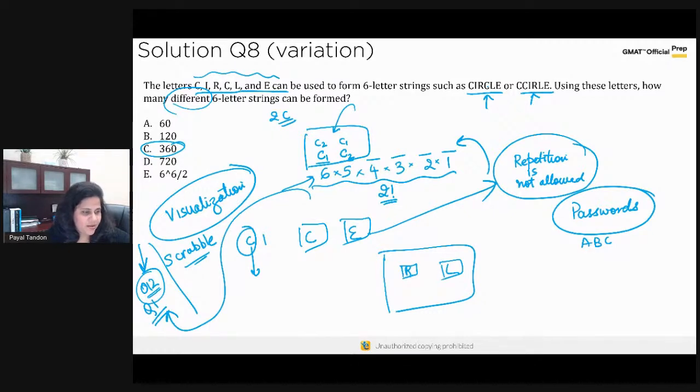Is this point clear? Yes or no? Very, very simple. If you were to just memorize the formula, what all things would need to fall in place? You would need to recollect the scenario in which I have to select certain things, things repeat, and then I have to divide.